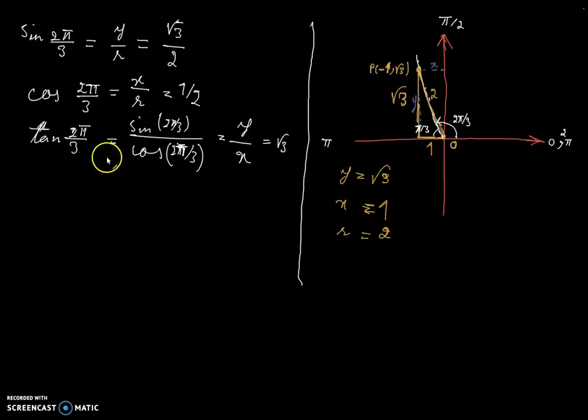So now then, in order to calculate the rest of them, you have, for example, cosecant 2 pi by 3. Because you have already calculated sine 2 pi by 3, you can simply write 1 divided by sine 2 pi by 3.